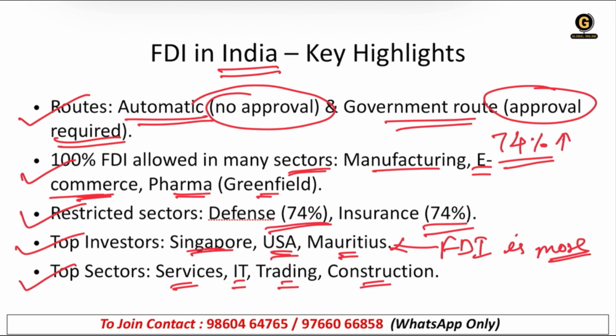Services like banking, right? Or maybe finance, right? These are the service sectors. IT, trading, construction, these are the areas where we receive the highest foreign investment. Clear? So this is from the Indian perspective.